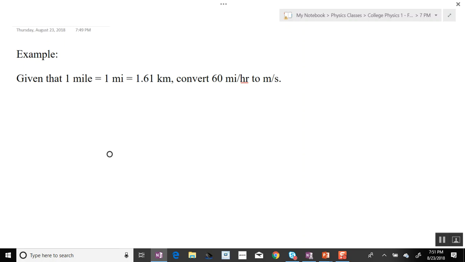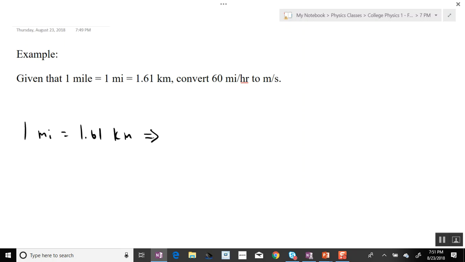So what I'm going to do is write down the basic relationships between the units that we need to use, and then write down different versions of 1. So one of them is this one: 1 mile is 1.61 kilometers. Let's start there. Okay, so from this, I do this arrow sometimes. It means that from this equation, I can get another equation.